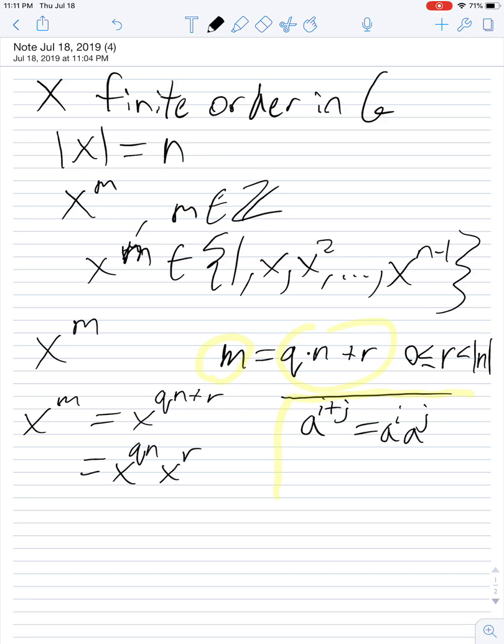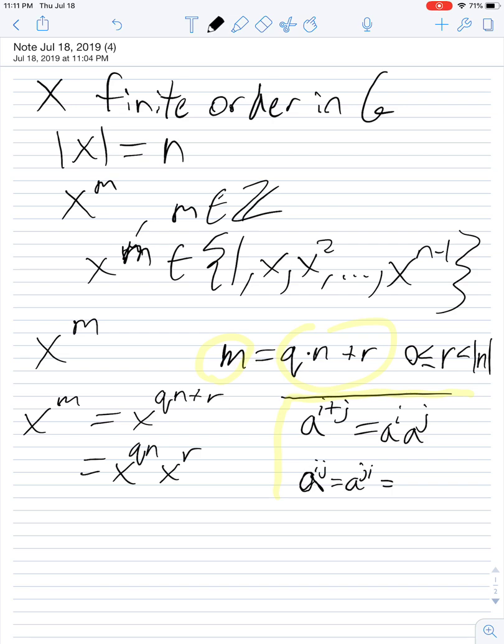Well, there's another law that we will be using to continue. It's also a familiar one. It holds in any group. Make sure to prove it as a lemma if you haven't seen it in lecture or proved it in a previous problem. If you have a to the i times j, well, first off, that's the same as a to the j times i.